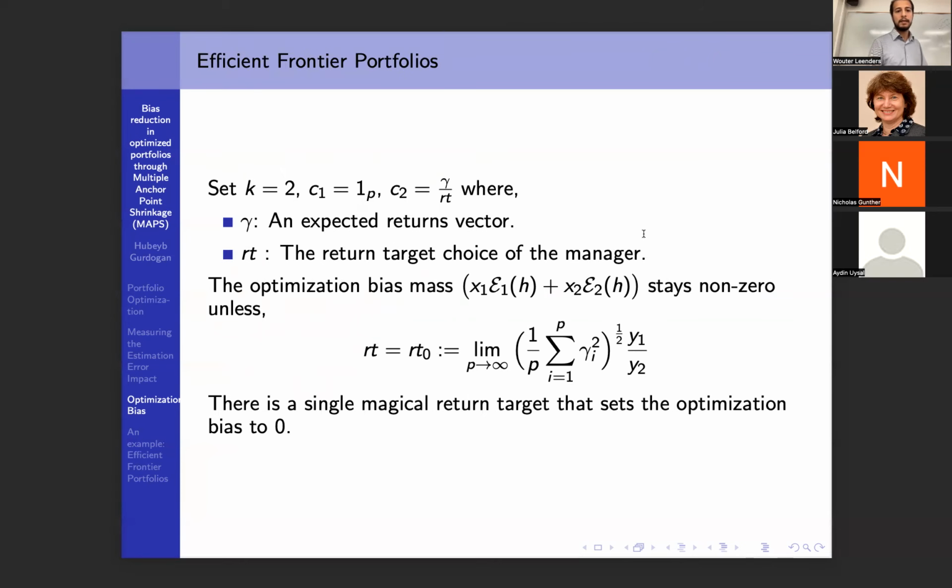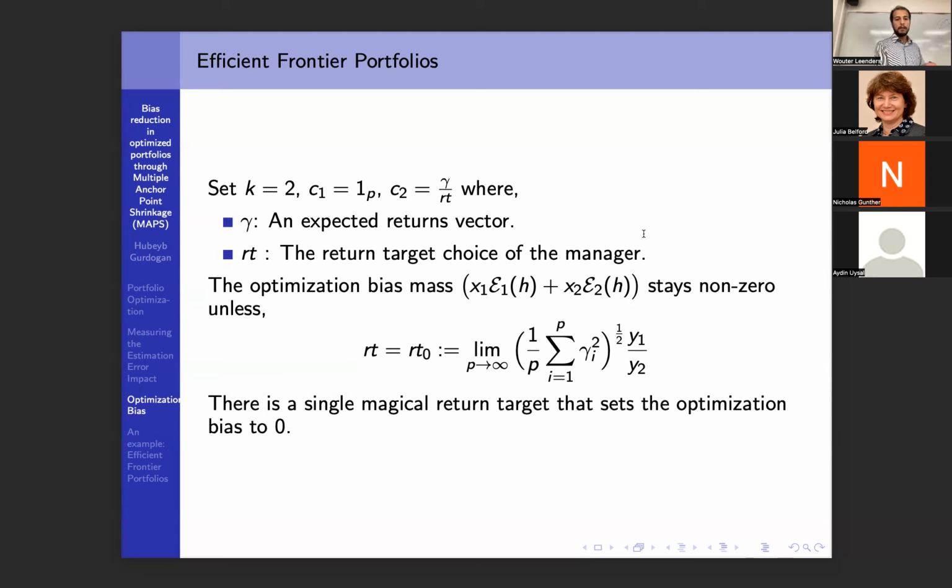Let's look at the efficient frontier portfolios when we set C1 to the vector of all ones and C2 to gamma over RT. RT is the return target and gamma is the expected returns vector.